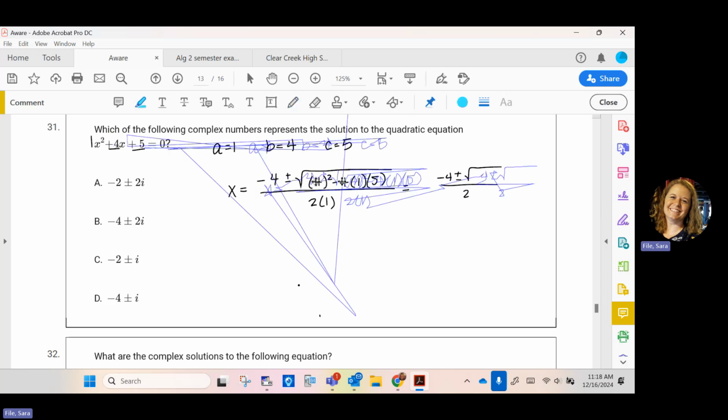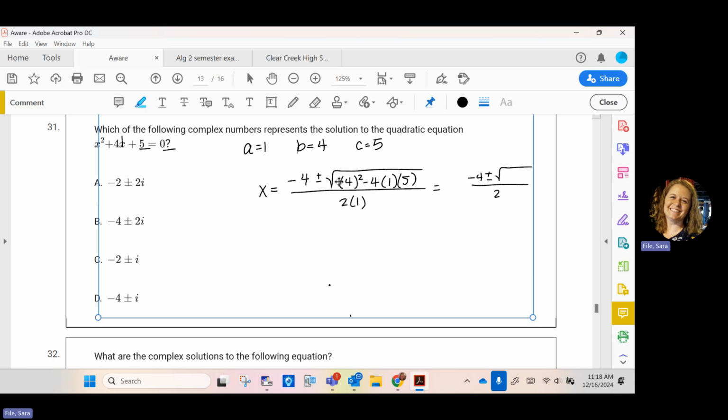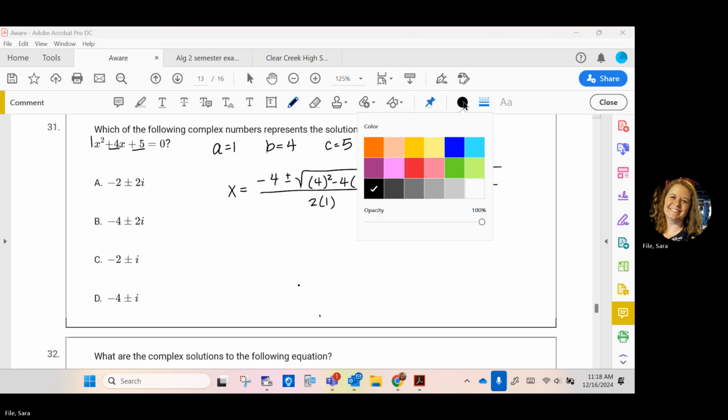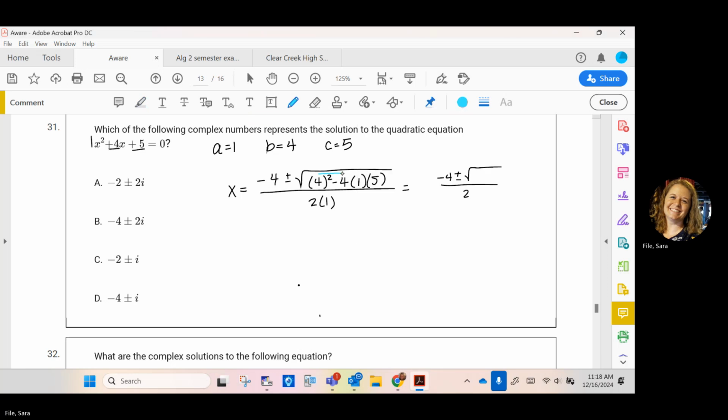I'm going to take this. That's not what I wanted to do. I want to highlight. Okay, it's not letting me highlight, but I want to take what's underneath there, all this right here, and type it in Desmos to simplify what goes under the radical.